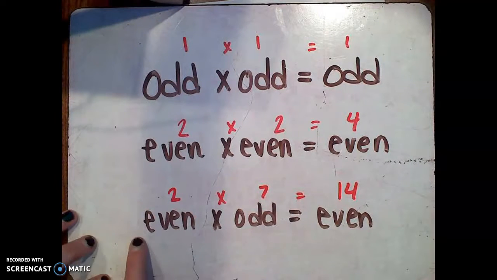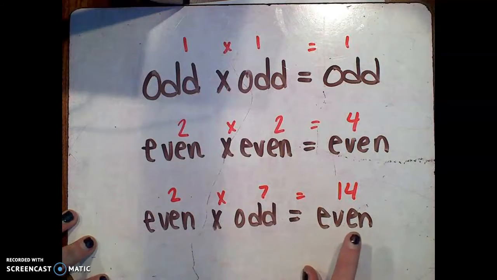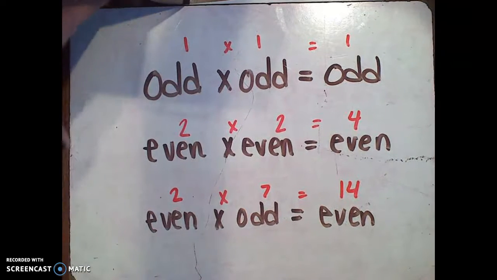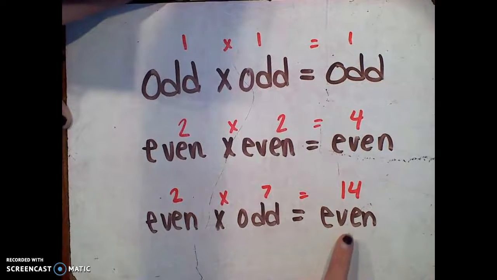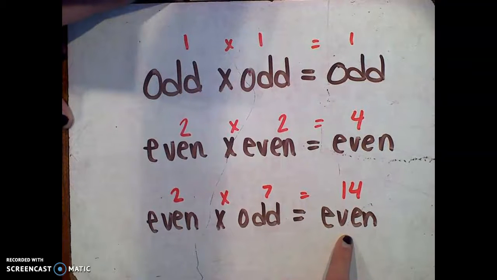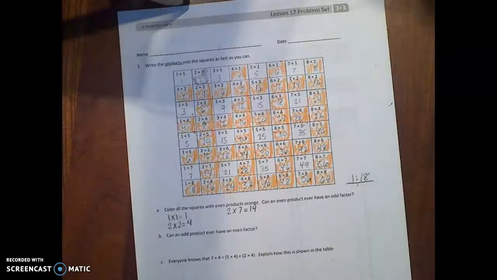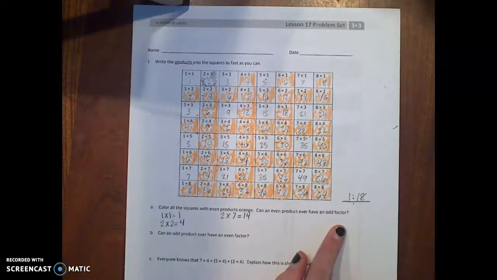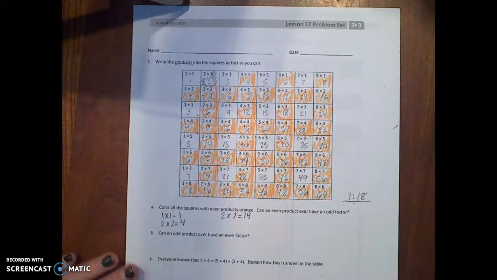Here we have even times odd equals even. That tells me that an even product can have an odd factor. Let me say that again. An even product or an even answer can have an odd factor. Can an even product ever have an odd factor? Well, I just answered that. I hope you were listening very carefully.